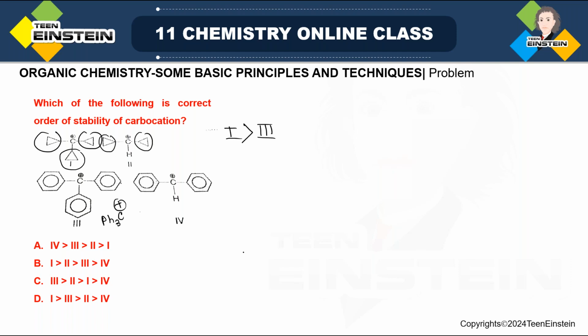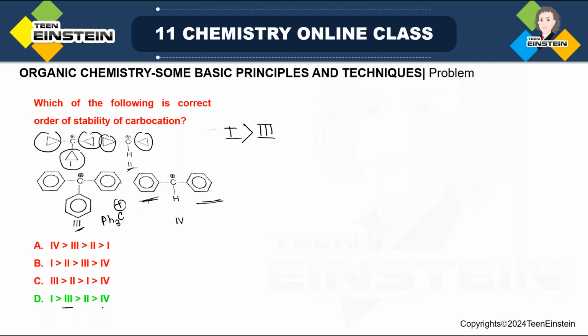So 1 must be before 3. Now whether 2 is before 3 or not: compared to 3 cyclopropyl rings, when you have only 2 cyclopropyl rings, the effect is to some extent less. So after 1 it will be 3, then 2, and at last position we have this 4.